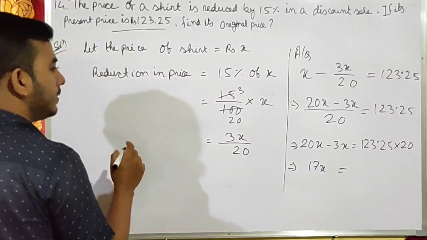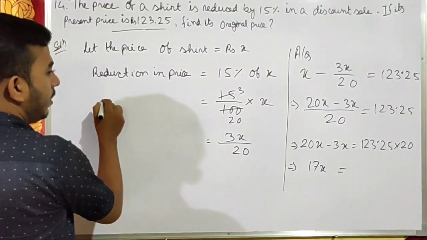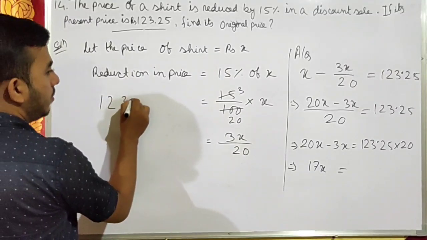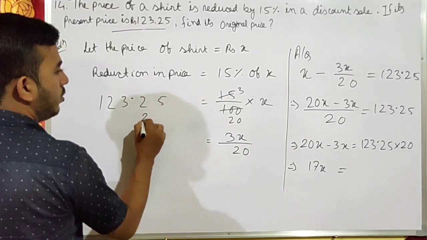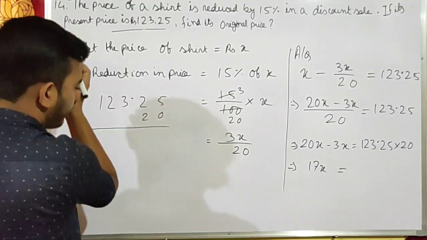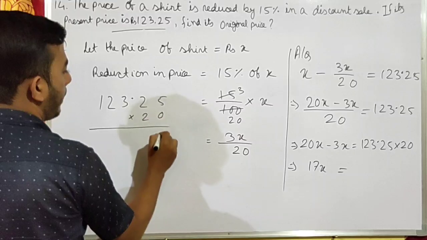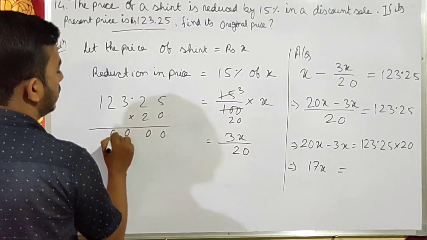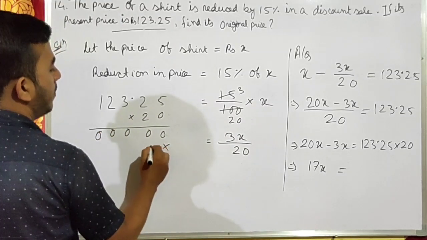Let's multiply 123.25 into 20. 5 into 0 is 0, 5 into 2 is 10.